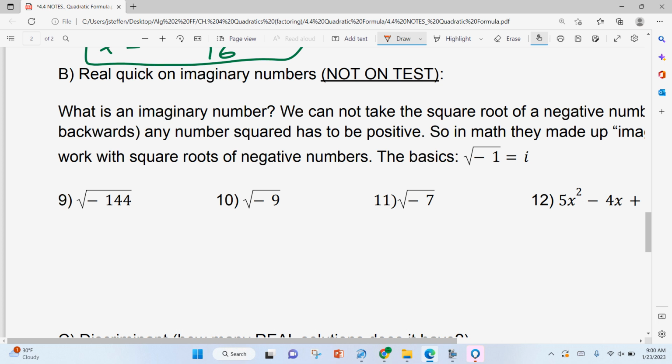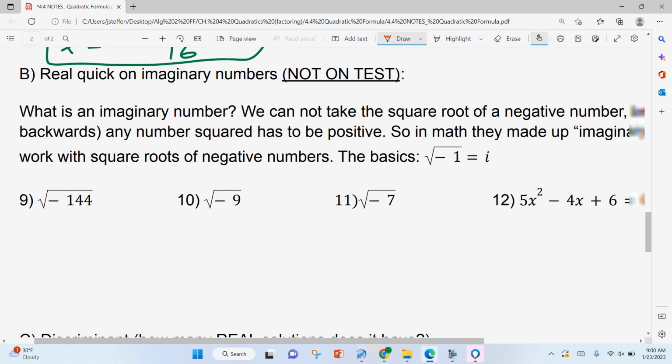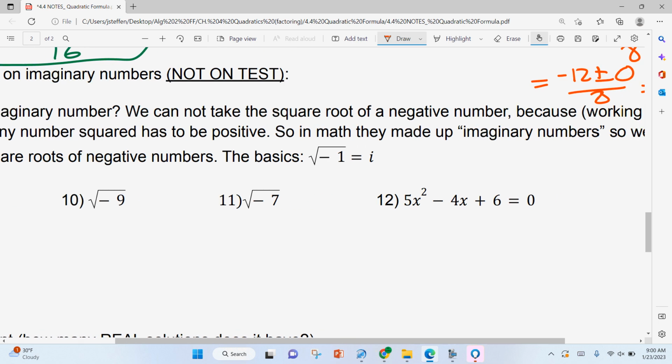So I don't know if you've ever heard this, but they're called imaginary numbers. They don't actually exist. The whole thing of imaginary numbers is based on this mathematical philosophy: I take the square root of a negative number. And if you ever wonder why you cannot take the square root of a negative, well, because the square root is the opposite of something squared.